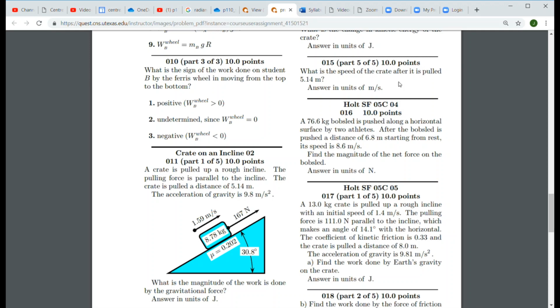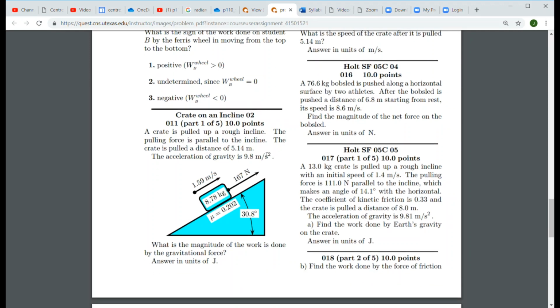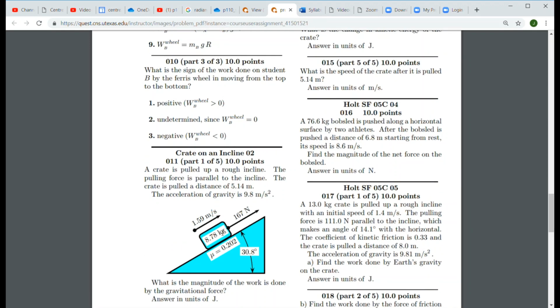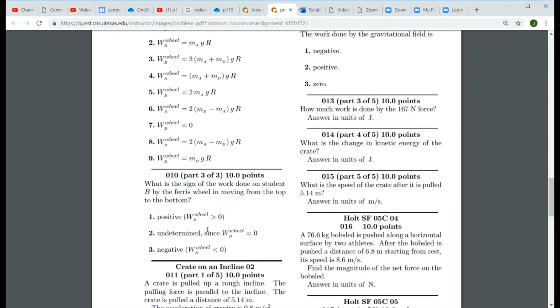And in this case, I'm looking for something that tells me that this crate is starting at rest. I don't see that, but since they don't give us an initial speed, it seems like we're supposed to assume that it starts from rest. Oh, no, here we go. I'm not sure where that comes into the text there.